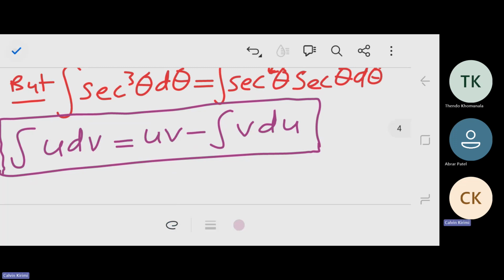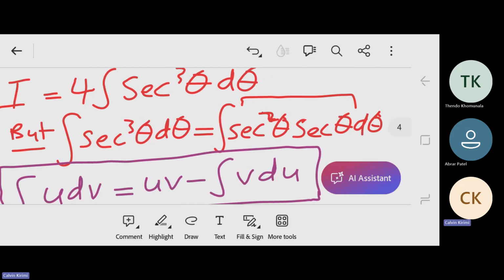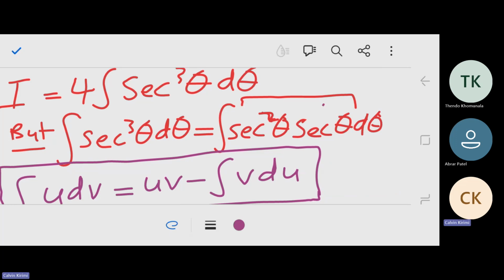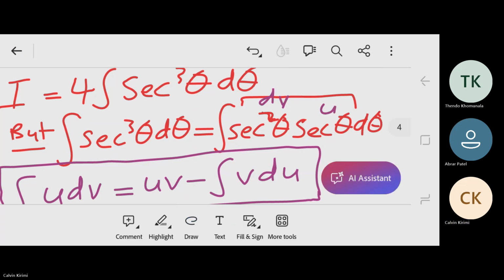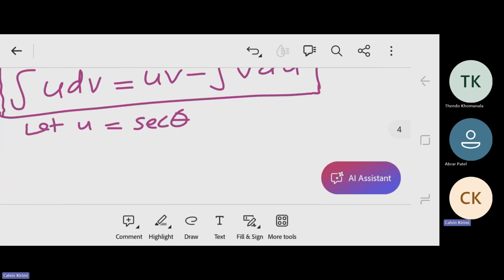Which one is our u here? The u is this one. So secant theta is our u. And then the dv is secant squared theta d theta. So let your u be secant theta.